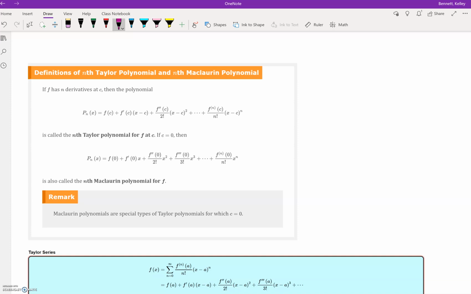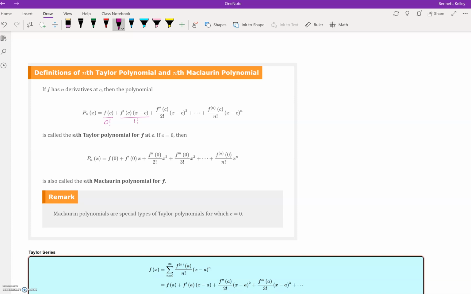You also have to divide by factorials: this one's really divided by 0 factorial, and this one is really divided by 1 factorial. Since 0 factorial and 1 factorial are both 1, they're not written explicitly, but they are there.